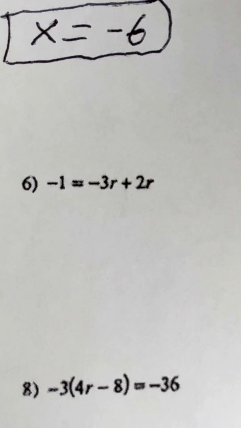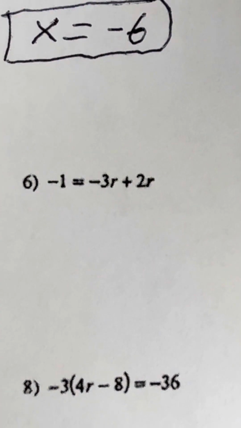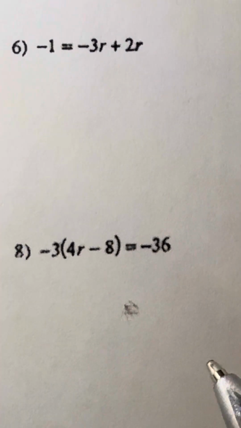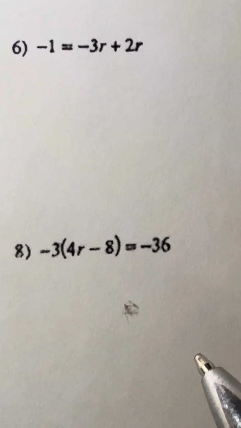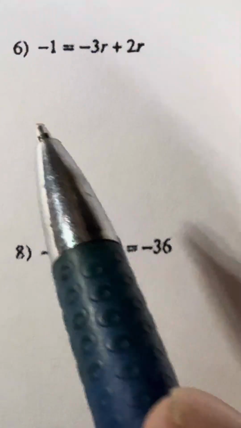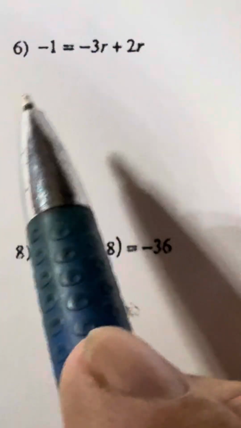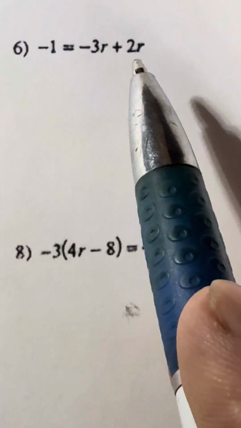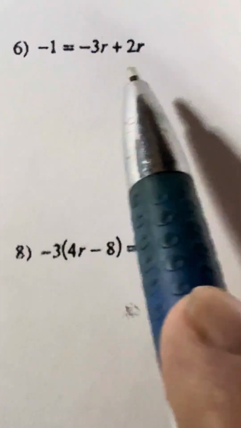Okay, number 6. Negative 1 equals negative 3r plus 2r. Once again, the first thing we do is combine our like terms. We have a negative 1 on the left, nothing else to combine there. A negative 3r and a 2r, so we're going to combine those.